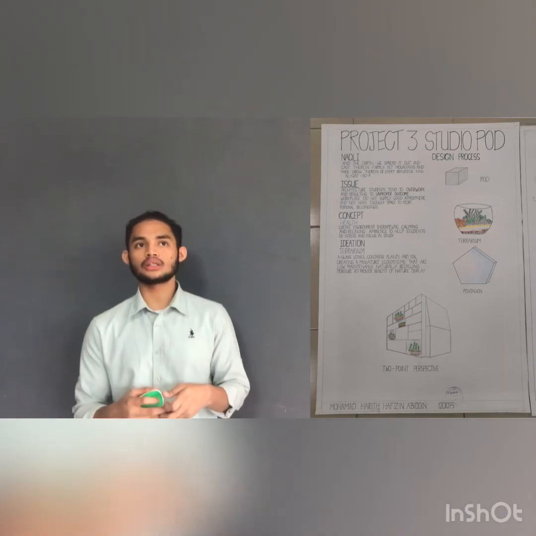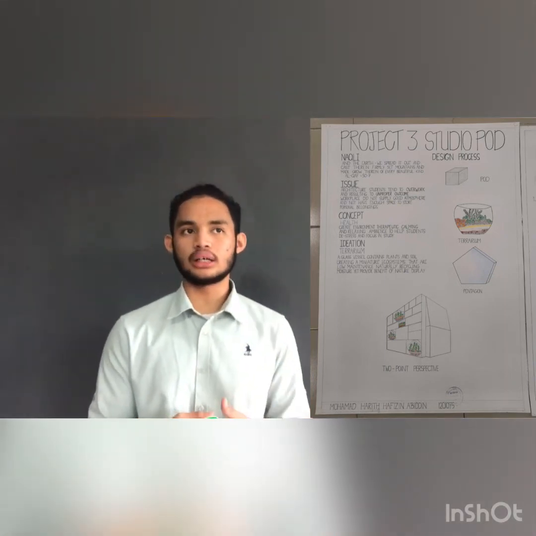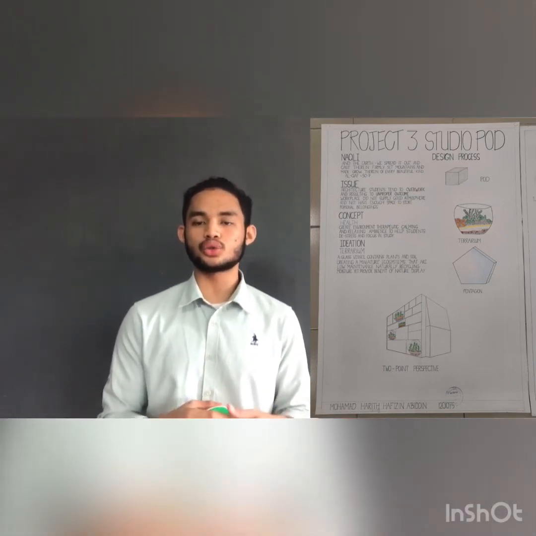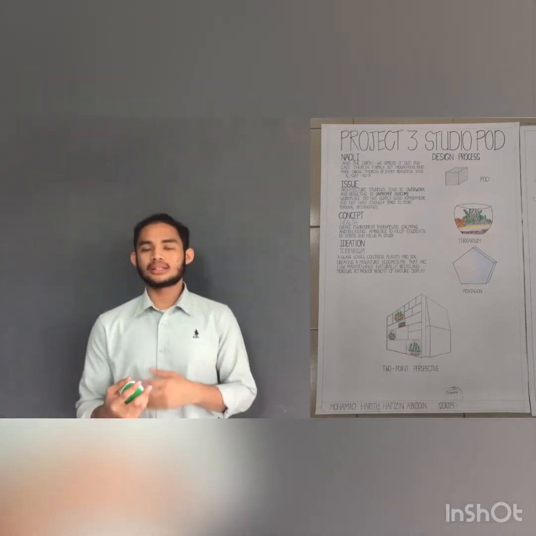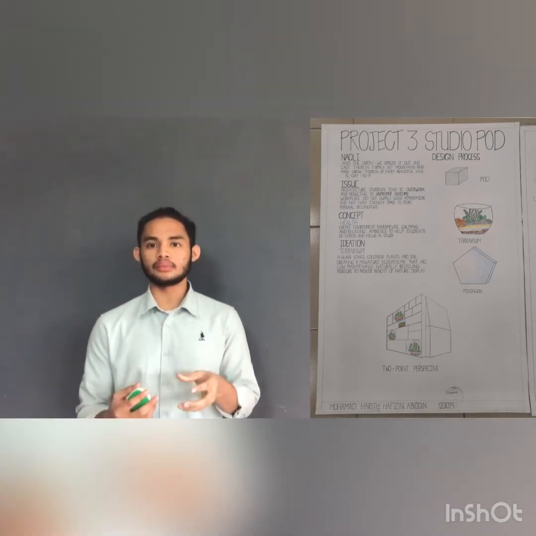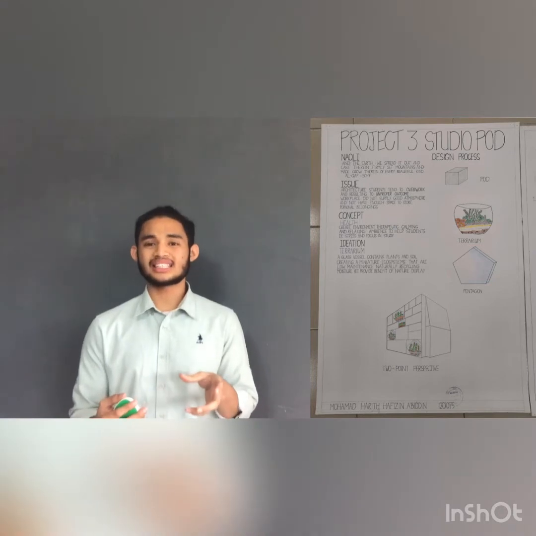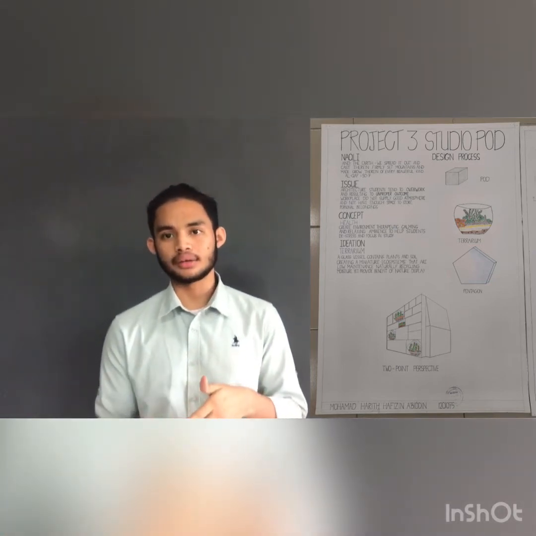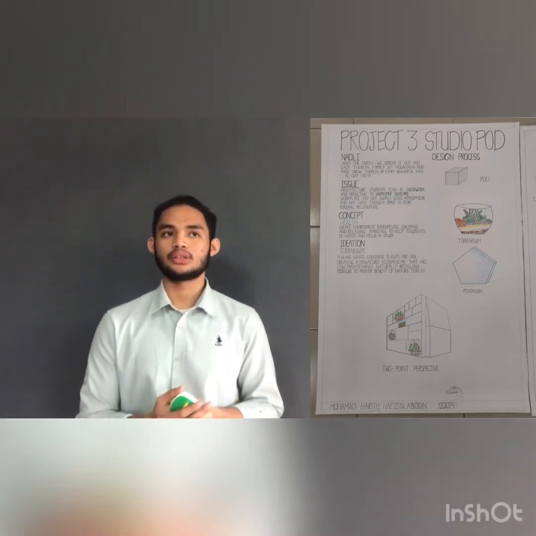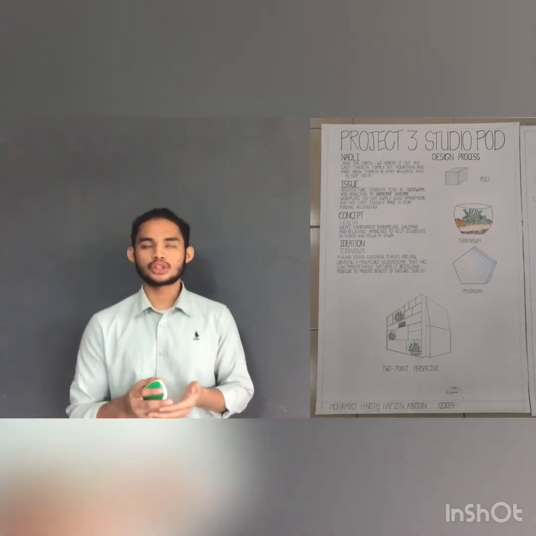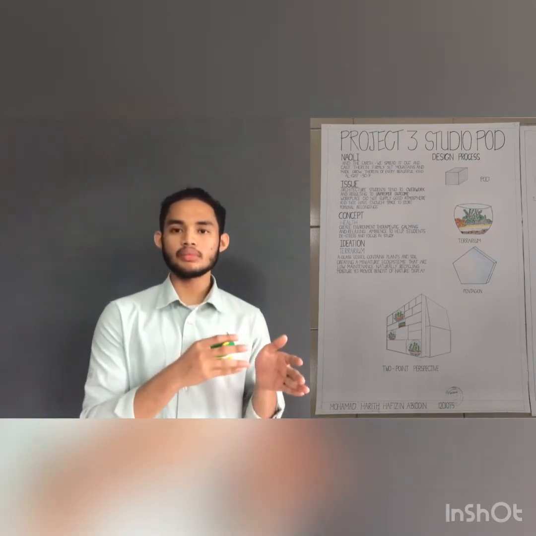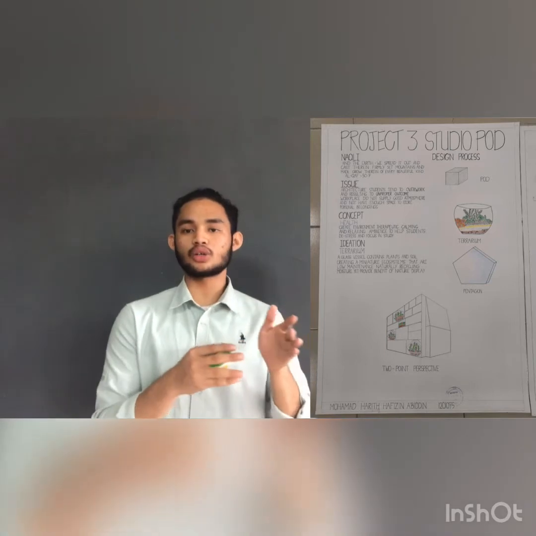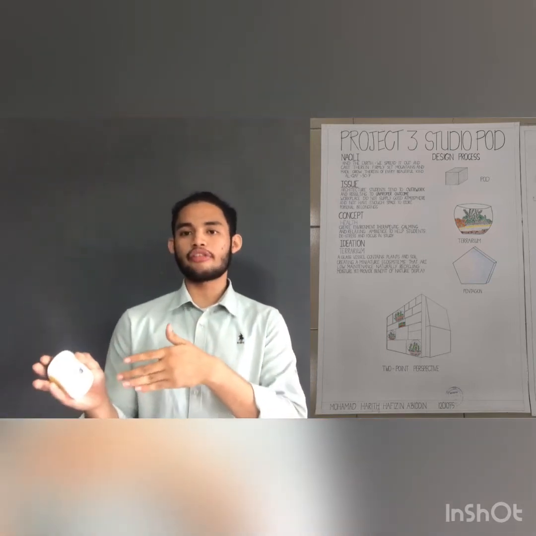So for a rough imagination for all of you, a terrarium is an aquarium, but it is an aquarium for plants instead of fish. So you get the rough idea. A terrarium is a glass vessel containing plants instead of fish.